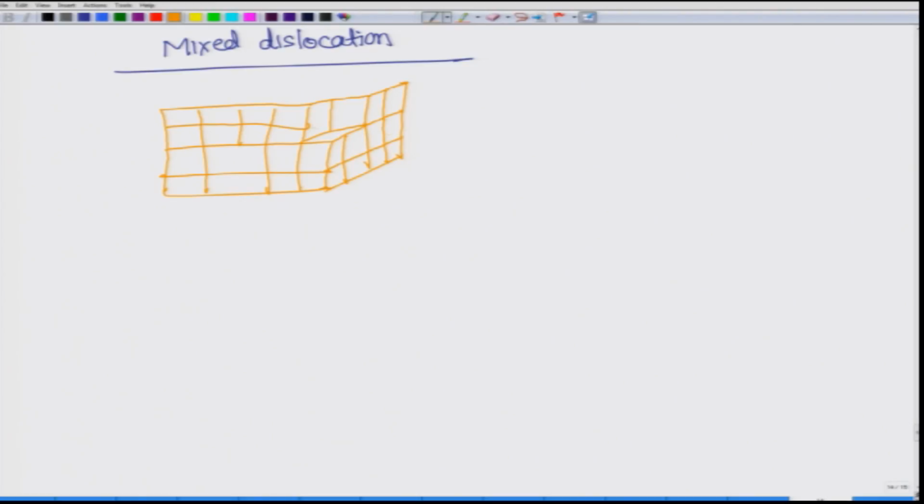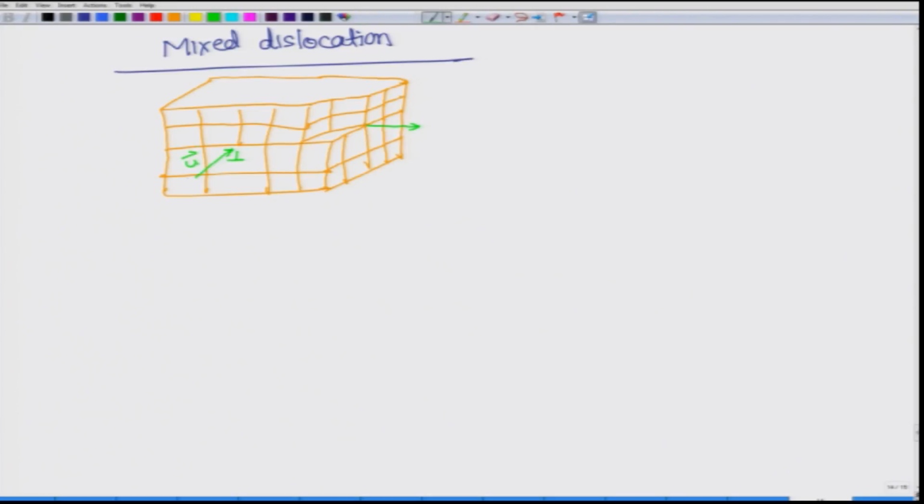So, we are showing over here 1, 2, 3, 4 different layers of atoms, and what you would see in this piece of material is that on this side you have an edge dislocation, and when you go over here, what we see is what we have already described as a screw dislocation. Something like this.